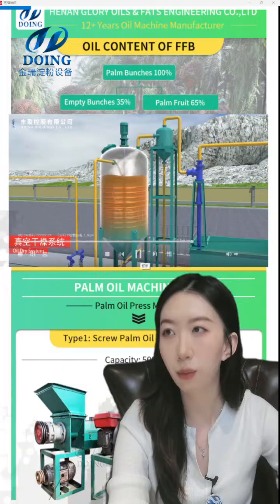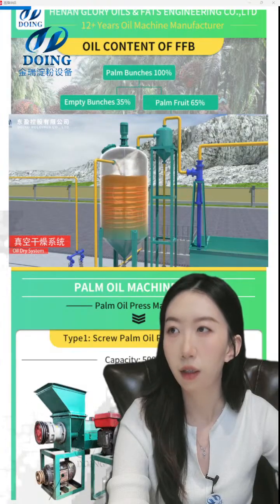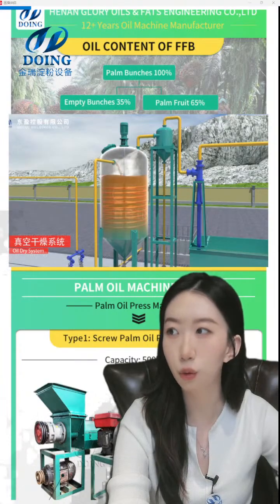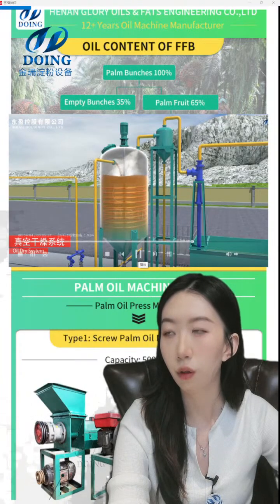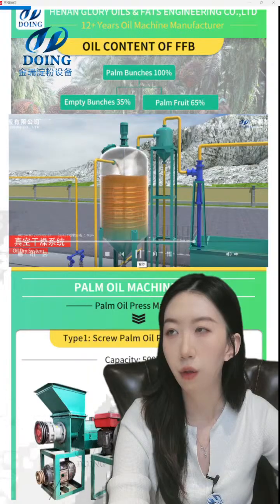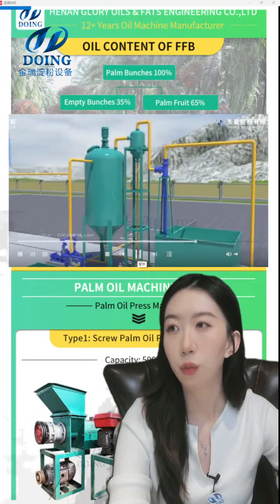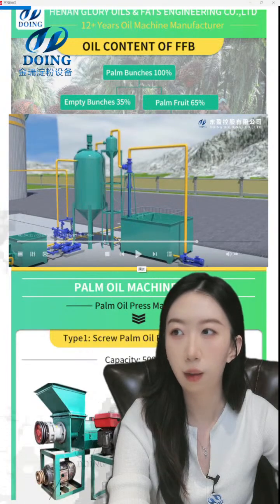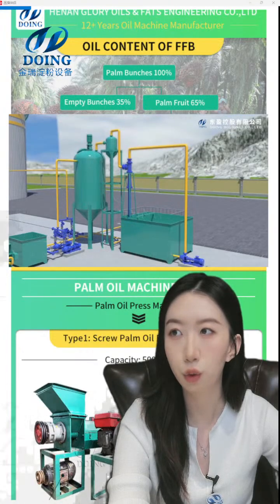The last step is vacuum drying. The crude palm oil will be pumped to the vacuum dryer, and the crude palm oil will be heated to boil.